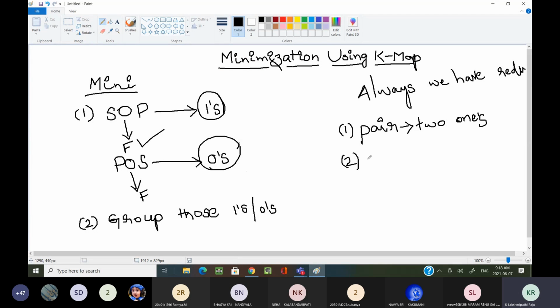If you group four ones, that will become a quad.